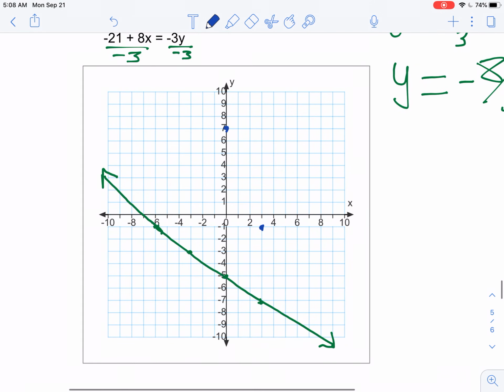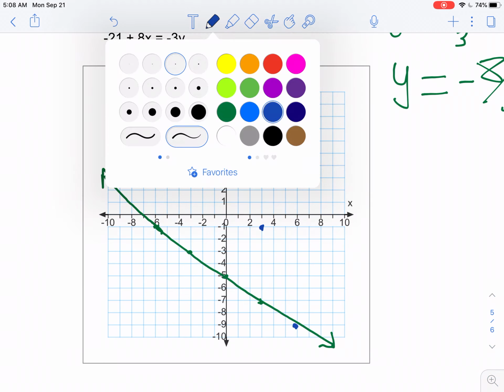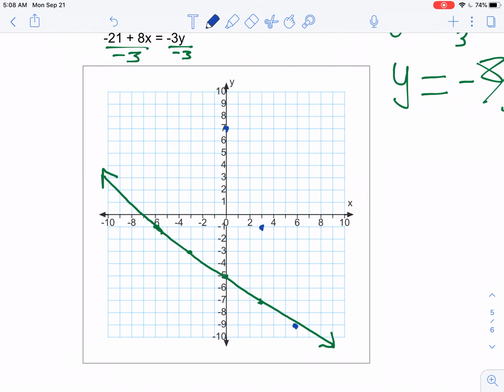And we're going to go down 8 and over 3. Okay. And from here, what we're going to do is graph this. Oh, I missed that second point, but you get the idea.